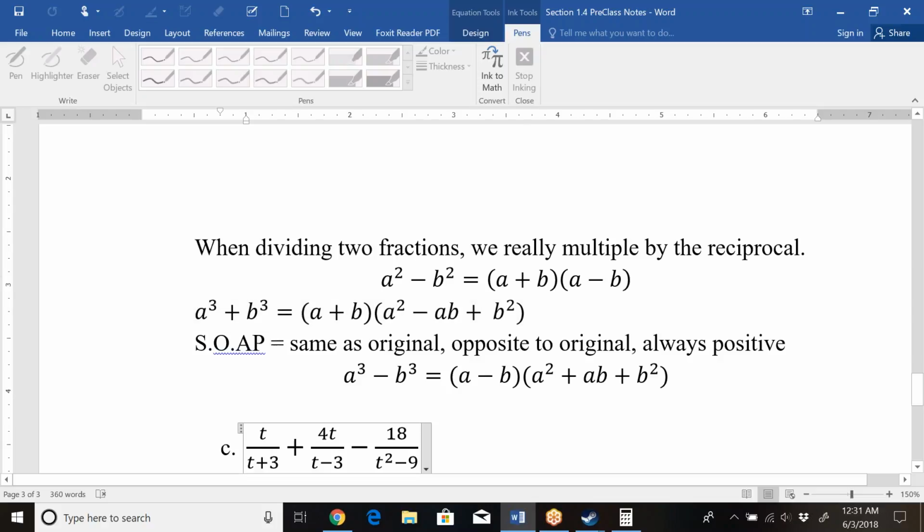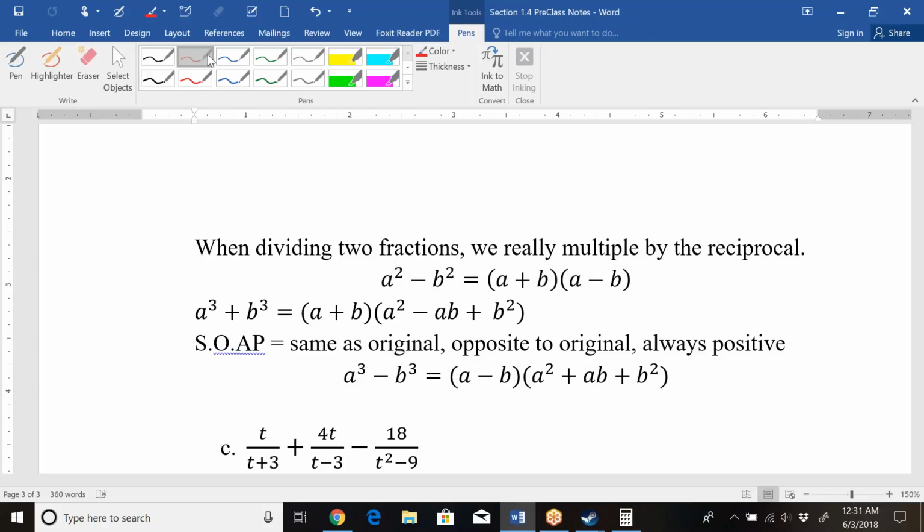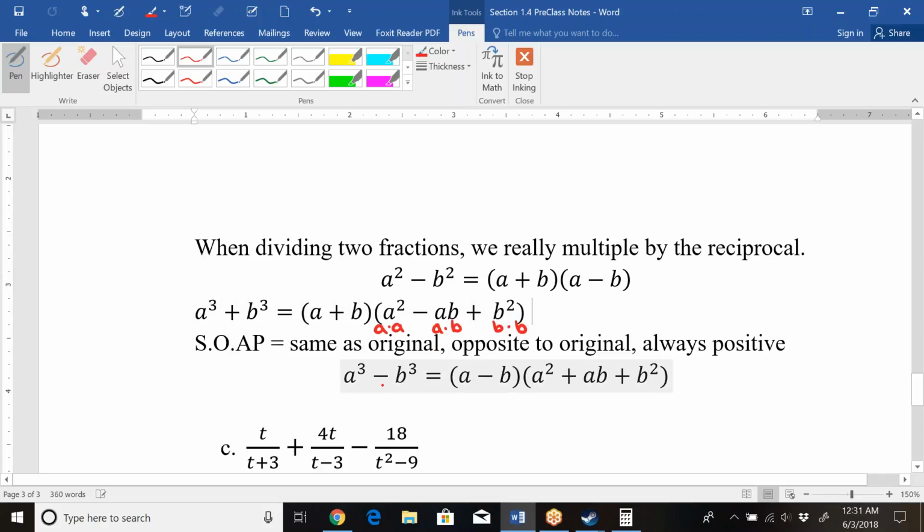The trinomial is actually made up of making the a and the b multiply together in a pattern. This is the first root times itself. This is the first root times the second root. And this is the second root times itself. So really it's just multiplying whatever the cube root of each of these is times itself, times each other, times itself.